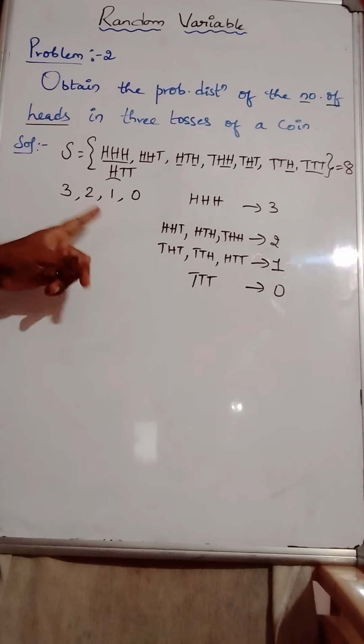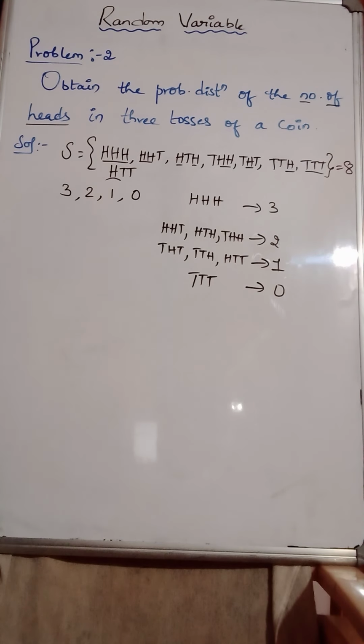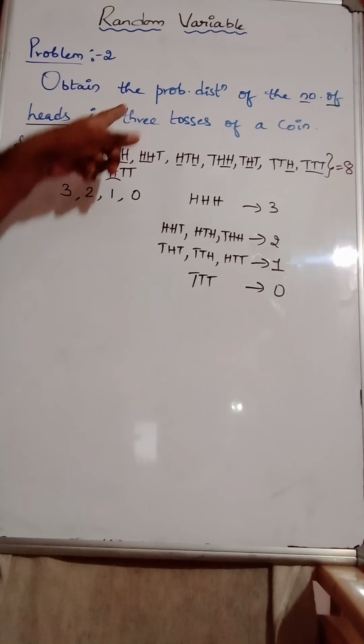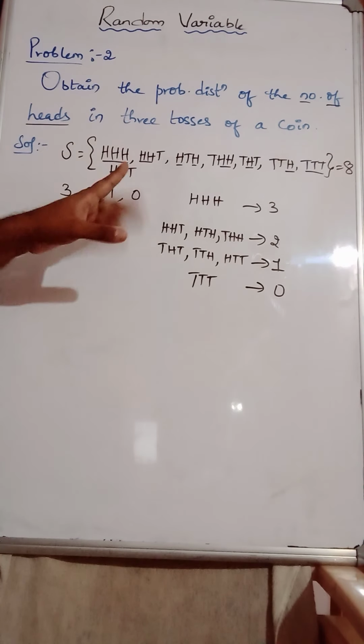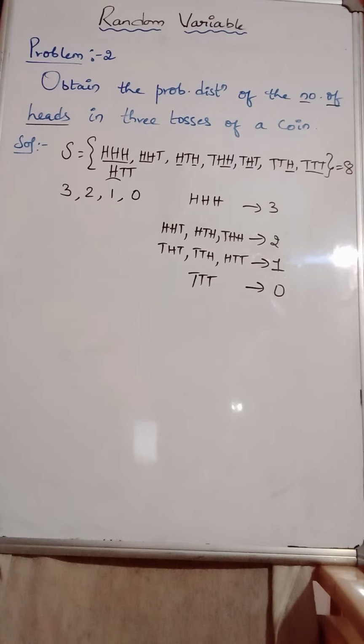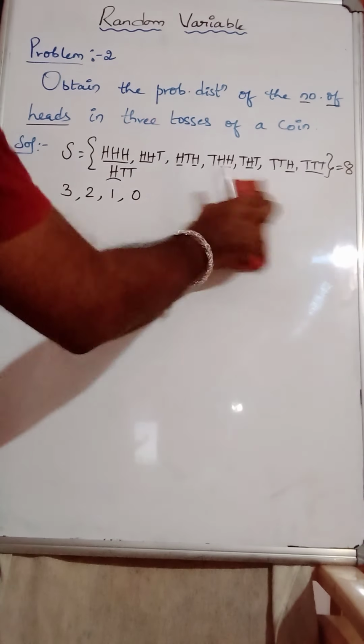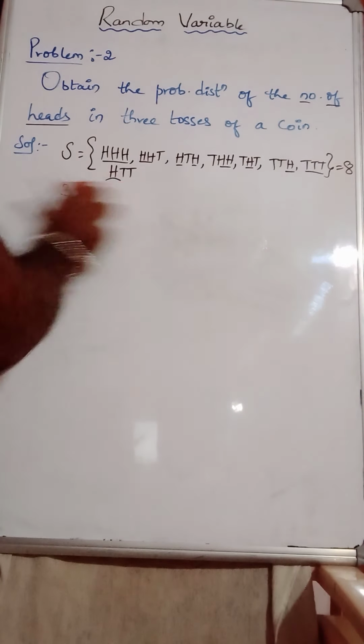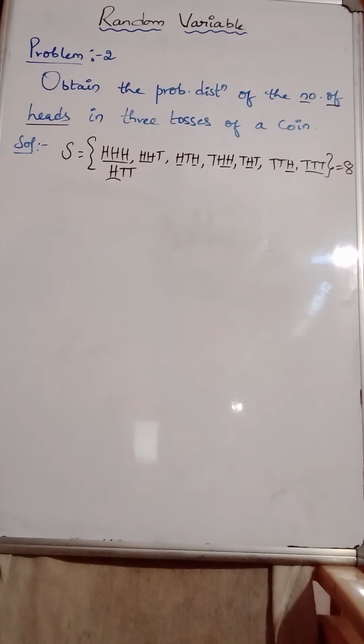So clearly you observe what the real values are for this random experiment of a coin tossed 3 times. That is 0, 1, 2, 3. These are the real values. So this is the sample space.